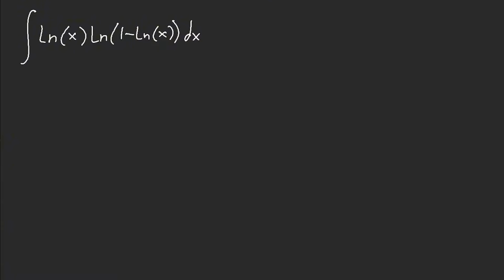Oh boy. Now you're in some speed integration territory, right? At this level, I'm going to assume that you're very, very comfortable with integration by parts. This is intermediate level speed integration.